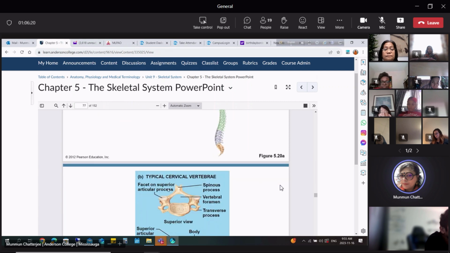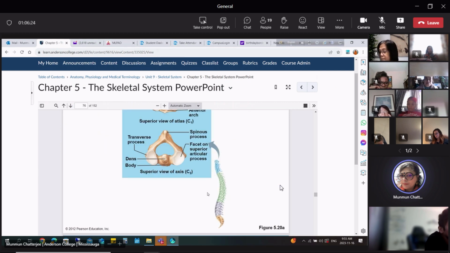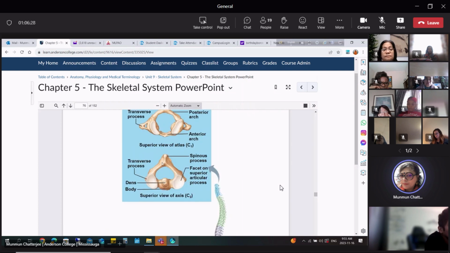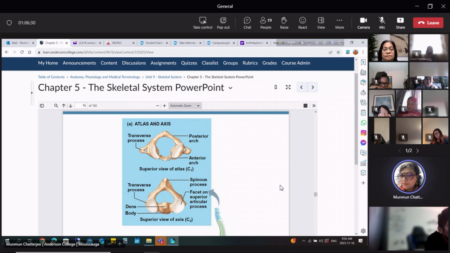See, each vertebra is different. You can see one process here; not every vertebra has it. This is called the spinous process. If somebody is hanged, what happens?